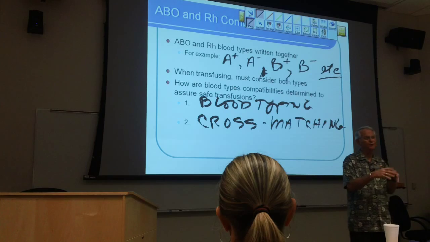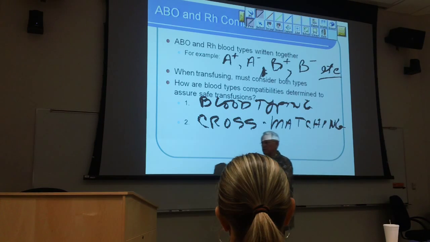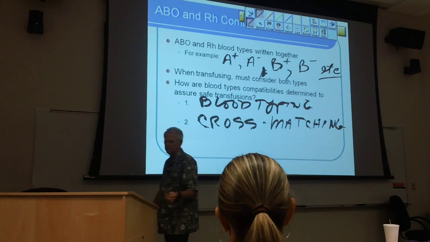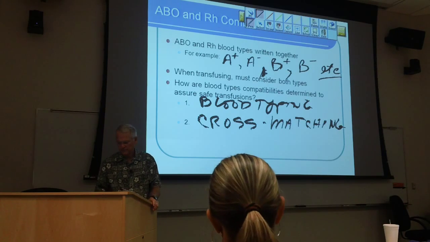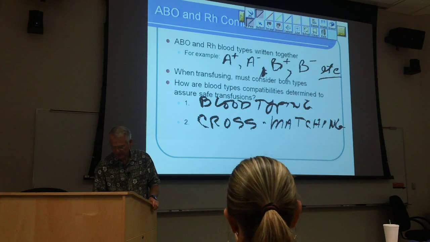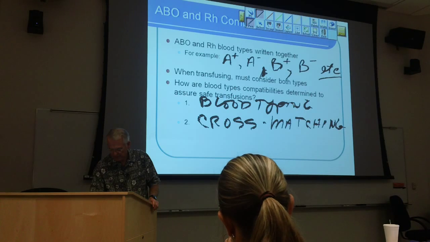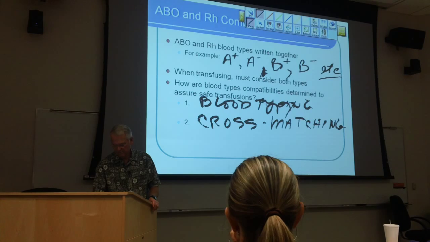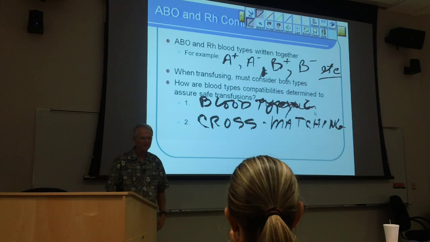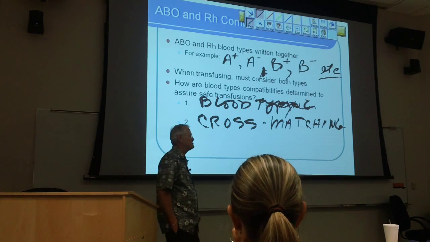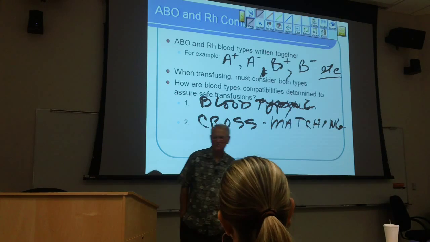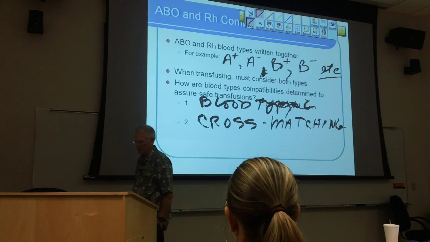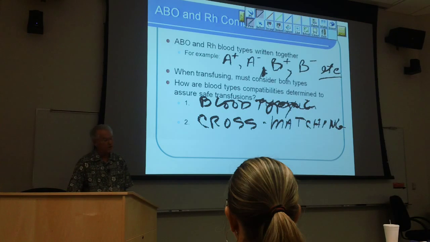You have to do it under specific control conditions, but then you would see if there's a reaction. That's called cross-matching. So you type or cross-match the blood to determine the safety of the transfusion. You don't want to make any mistakes there. Mistakes are still made, though, in hospitals, as you well know, but rarely.